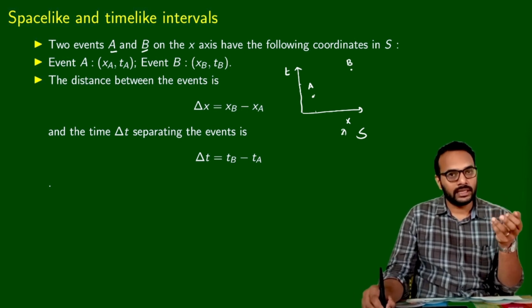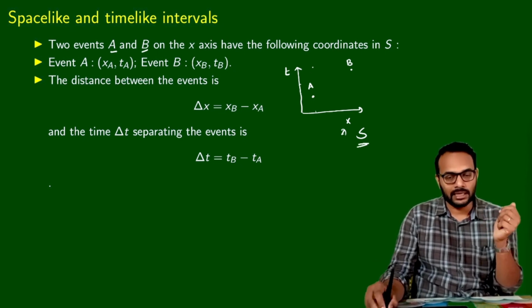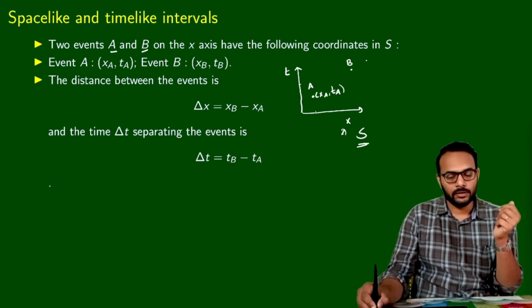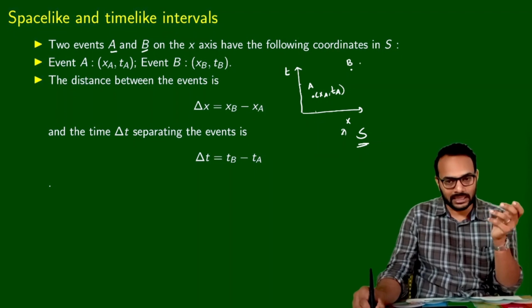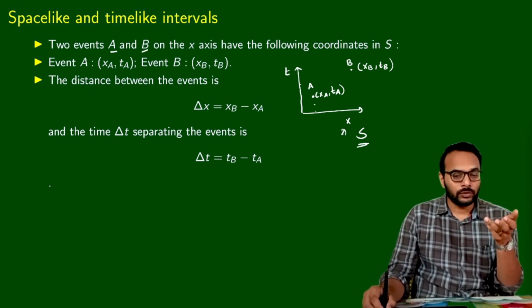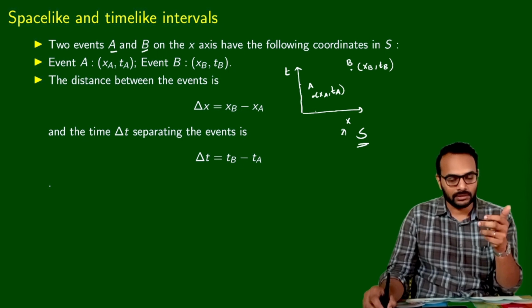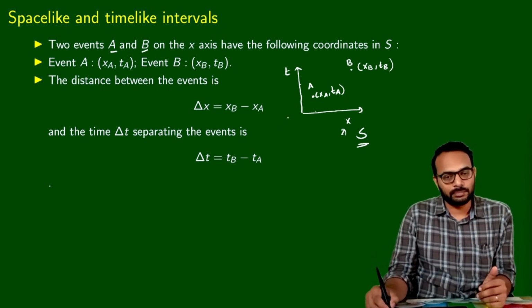So these events have coordinates. Let's say that the coordinates of event A in the frame S are given by xa, ta, whereas the coordinates for event B are given by xb, tb. Now we could look at the spatial and temporal separation between these two events. How are they separated in space and time?